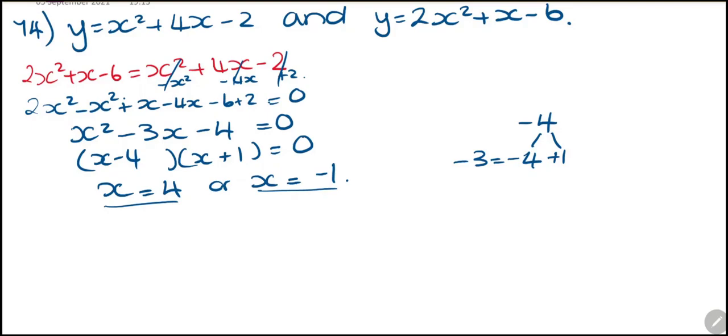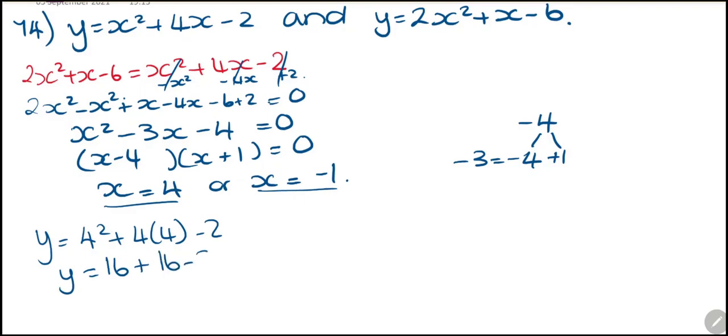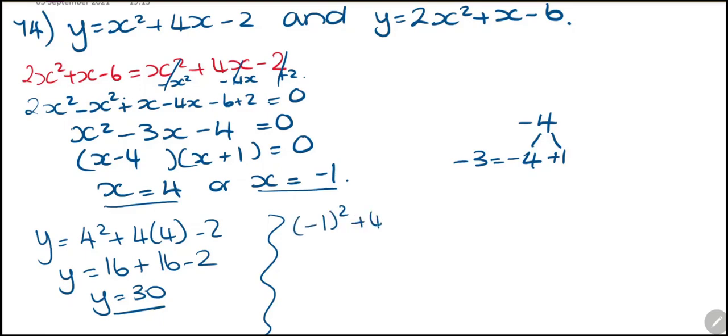So first of all, y is equal to 4 squared plus 4 multiplied by 4 minus 2. So y is going to be 16 plus 16 minus 2. Y will be 30. And then if we do this again, minus 1 squared plus 4 times minus 1 minus 2.